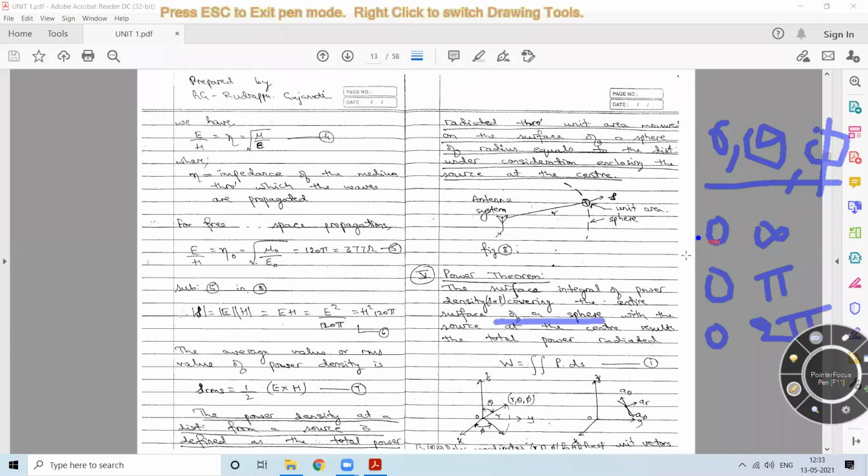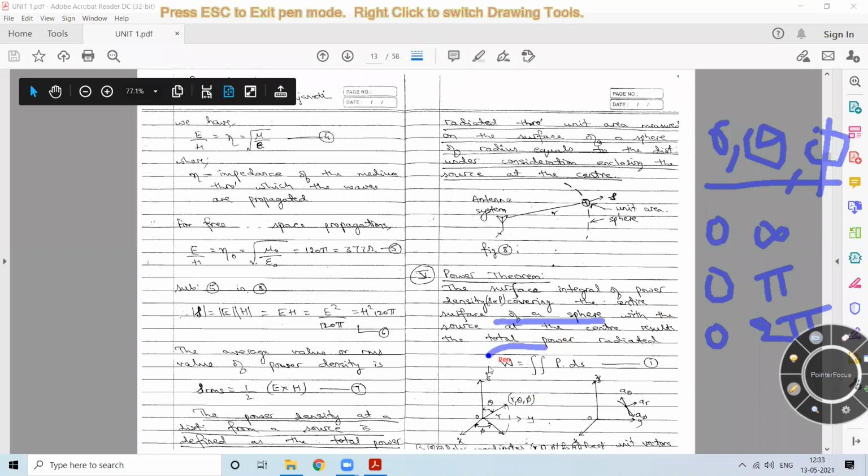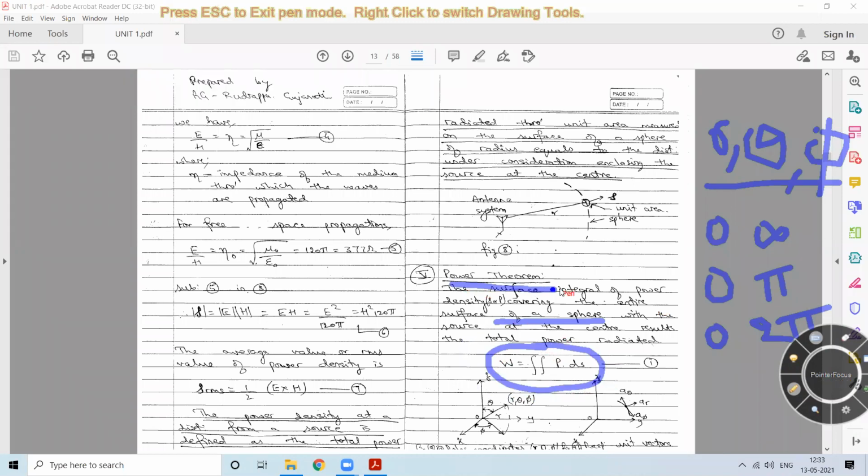So these are the possible values for r, theta and phi. With respect to the sphere, these are the integration parameters you have to check. Power theorem is given by the surface integral of the power density over the entire surface of the sphere.